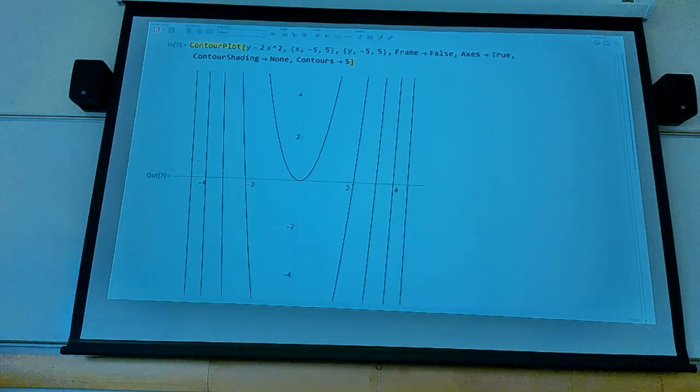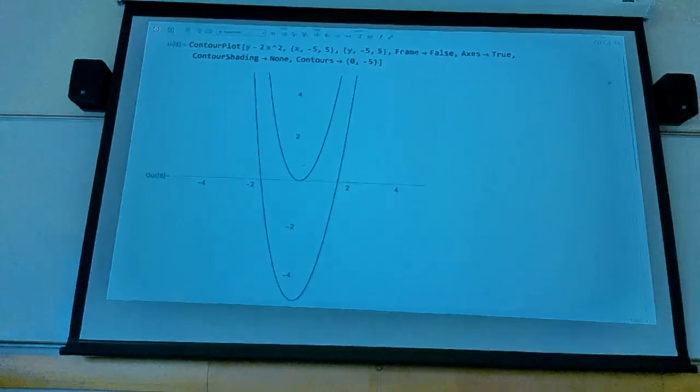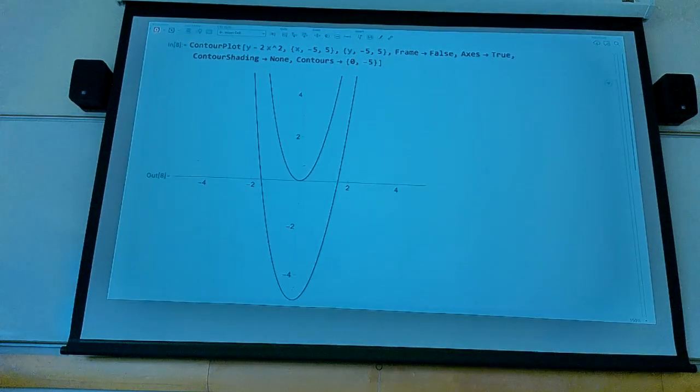I can also tell it which contours to use. That'll just give me the 0 and negative 5. When C is 0 and C is negative 5.